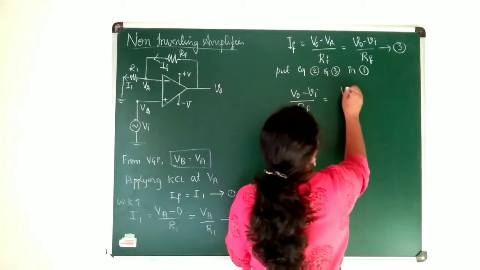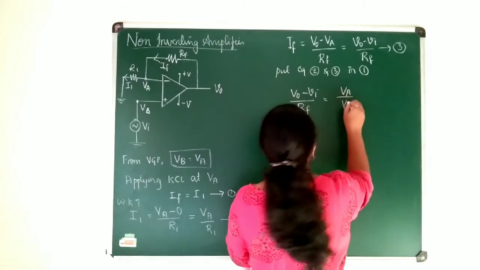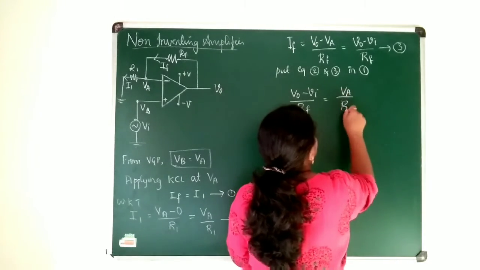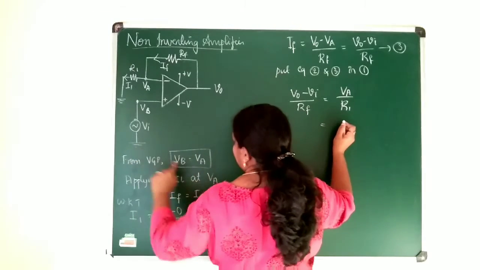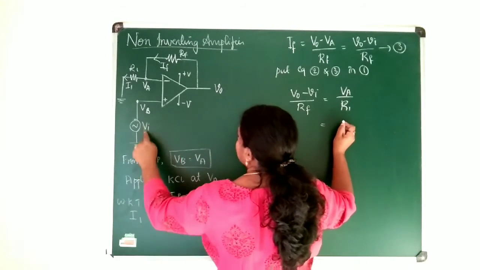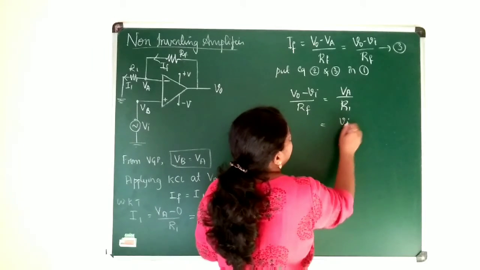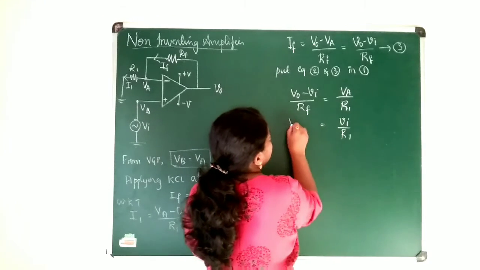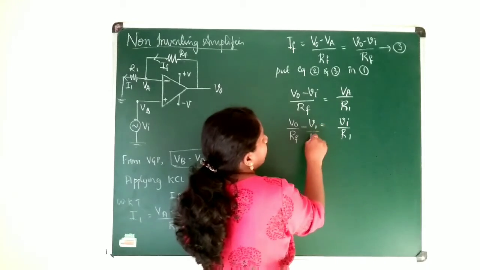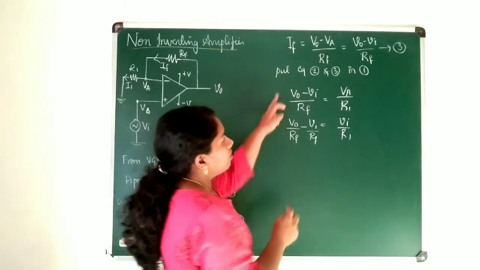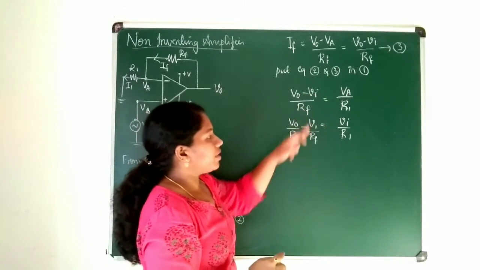I1 is nothing but VA divided by R1. What is VA? You know that VA is nothing but VB, and VB is nothing but VI. So VI divided by R1. This is V0 divided by RF minus VI divided by RF. I have split this: V0 divided by RF minus VI divided by RF.